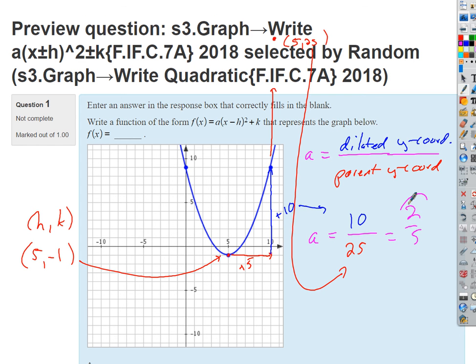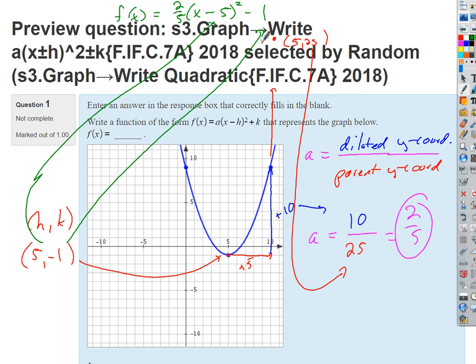So if we had to write this out in this form, wouldn't our answer just be f of x equals 2/5 times (x minus 5) squared, right? Because it's a squared function. That's our parent graph. Minus 1. Right? Everybody agree? Go. You got it. You can do those things. You got everything you need.